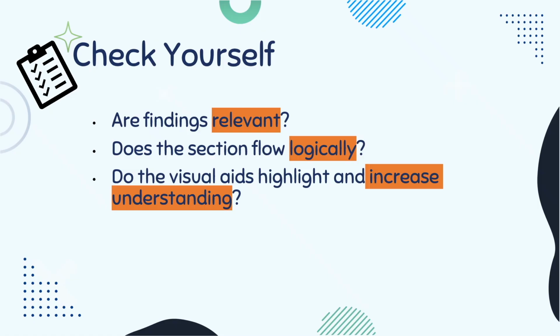Do the visual aids highlight and increase understanding? This is important because I have seen on multiple occasions visual aids that I feel actually didn't represent the data very well and gave a different implication than the data actually showed. I've also seen figures that just confused me more and made the data harder to understand.